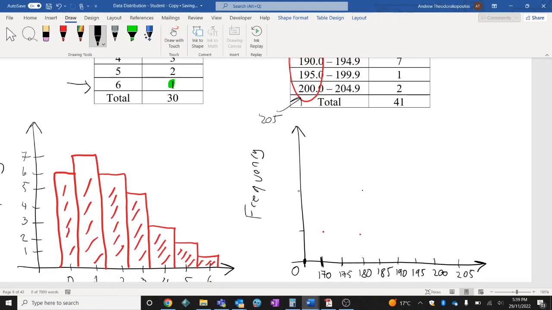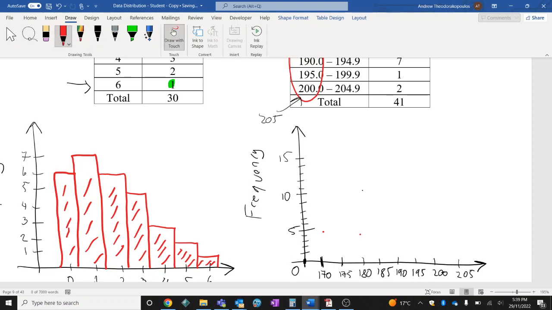So this can be 5, 10, and 15. Probably be wise to put the little marks in between, 1, 2, 3, 4, 5, 6, 7, 8, 9, 10, 11, 12, 13, 14, 15.